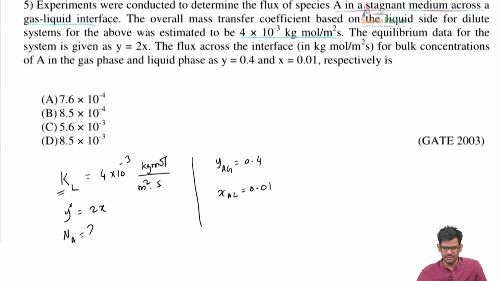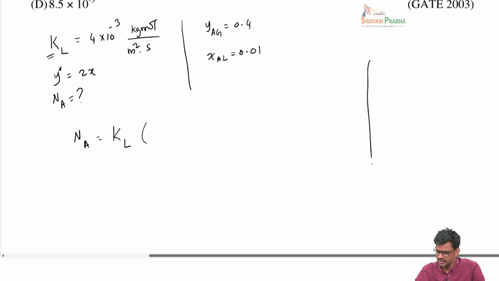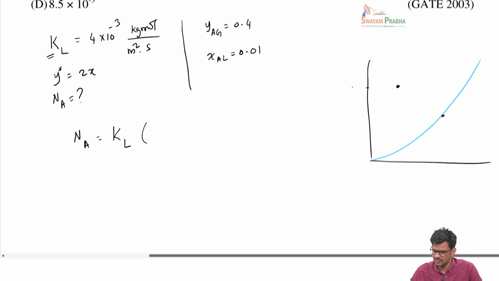So we have to basically write NA is equal to, we are going to use the overall coefficient, and what would be the driving force. So recall that I have this equilibrium line, and this is YAG and XAL, and this is YAI and XAI.